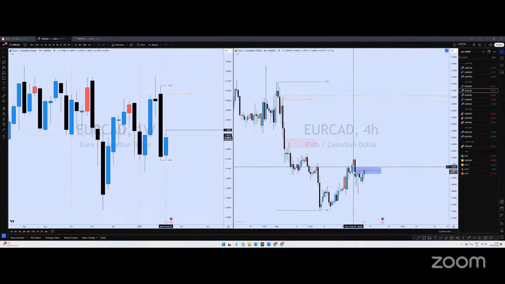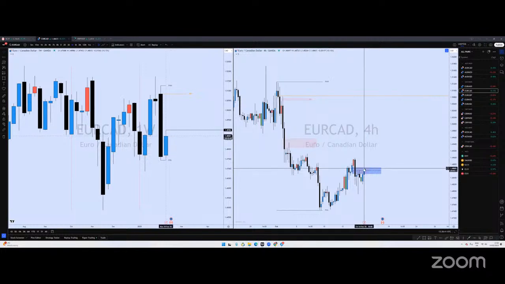Okay, but this gap is what needs to hold. In all honesty, this gap needs to hold. So if they close above it, so let's say today, I think there was news event at 1:30.